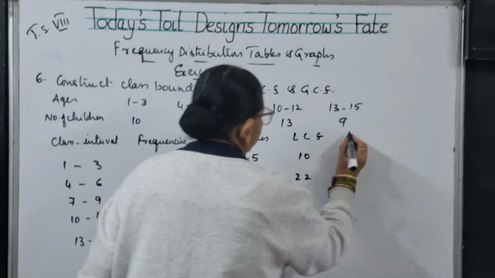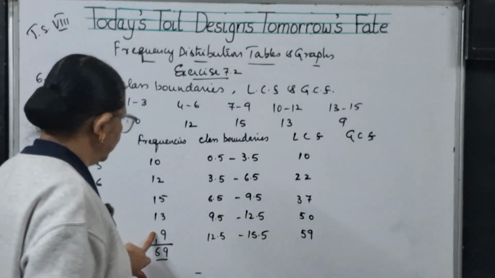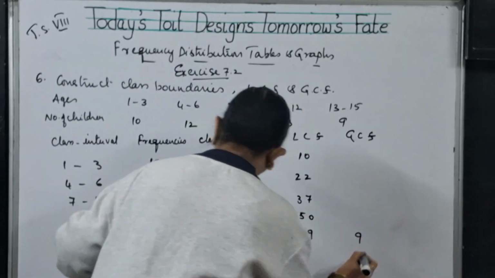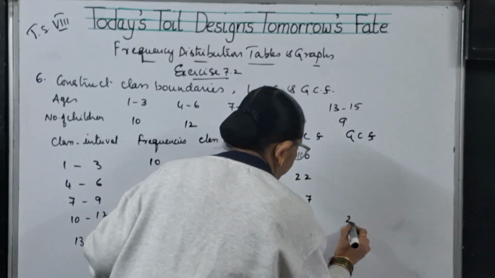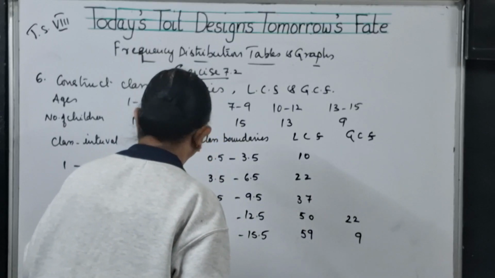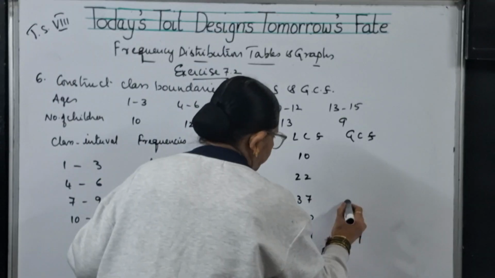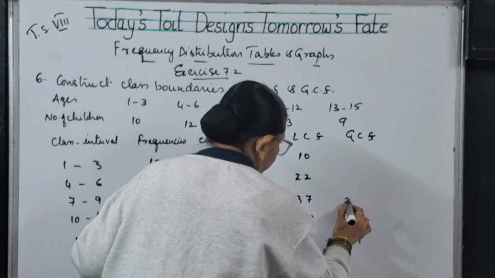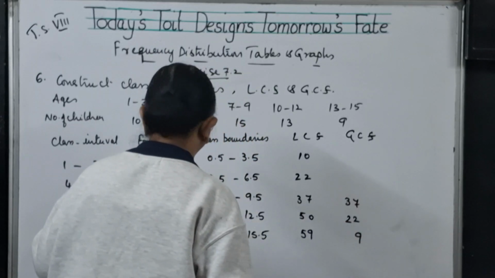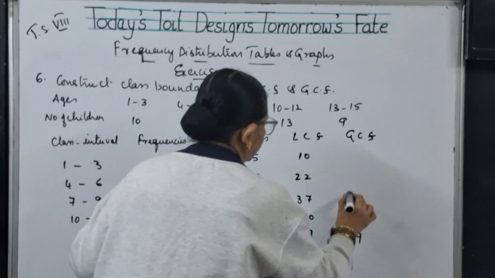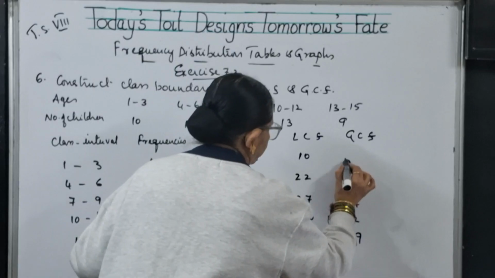Now, greater than cumulative frequency. It should start with the greatest value, that is 9. 9 plus 13, 22. 22 plus 15, 37. 37 plus 12, 49. 49 plus 10, 59.